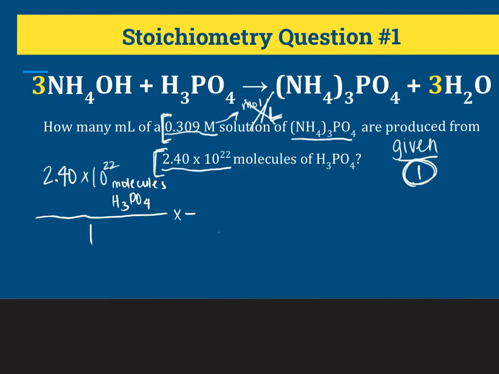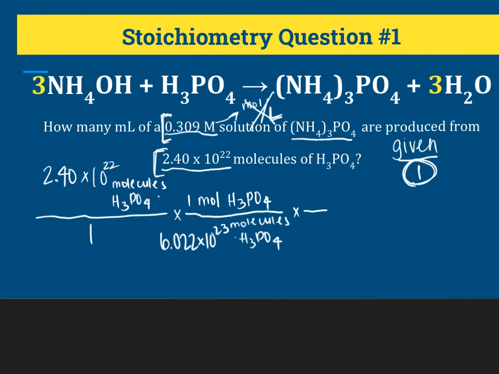When we start our next equivalent statement then, we know that molecules of H3PO4 has to be on the bottom so that our two units can cancel out. And we know from our molar map that it is Avogadro's number of molecules in 1 mole of H3PO4.